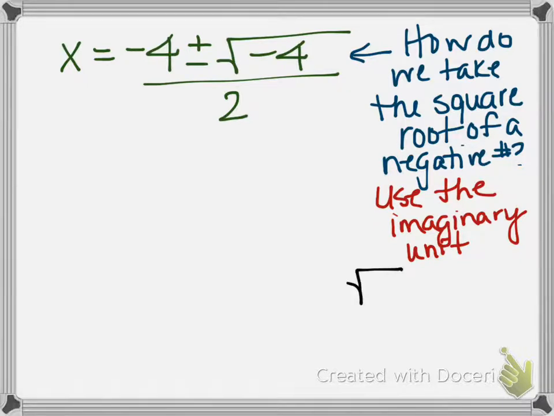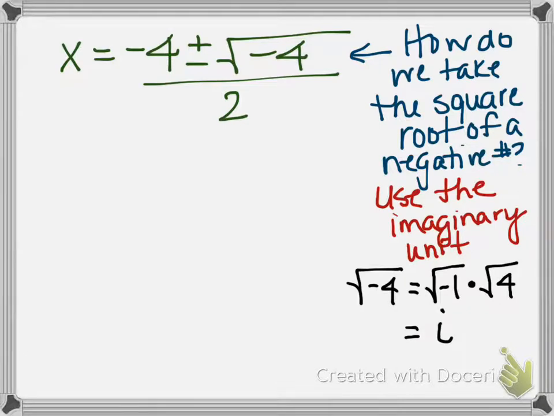So here's how this works. The square root of negative 4 can be broken up into the square root of negative 1 times the square root of 4, because negative 1 times 4 is negative 4, and now I've broken it up. Remember, in the notes right above this example, it says that the square root of negative 1 is equal to i.